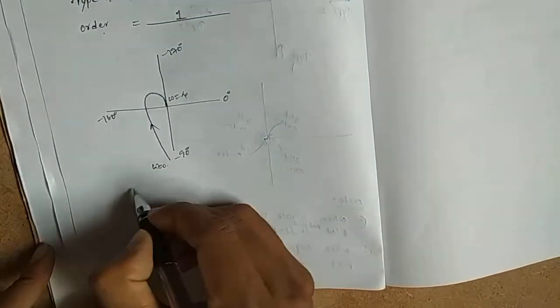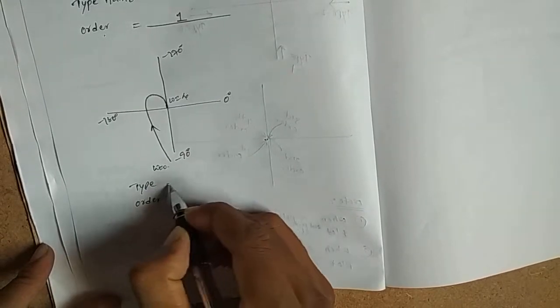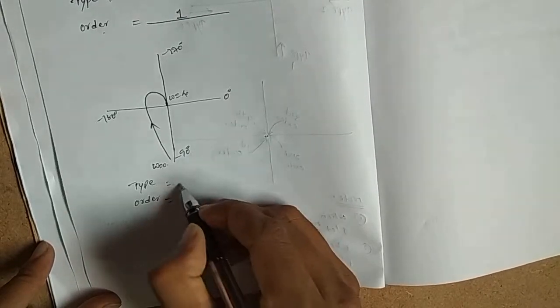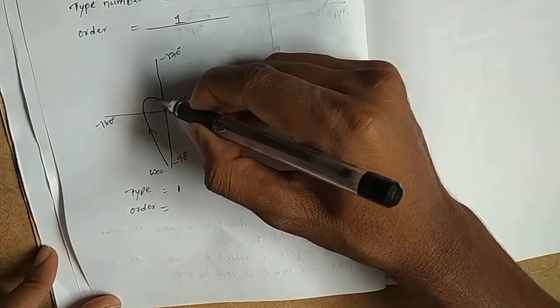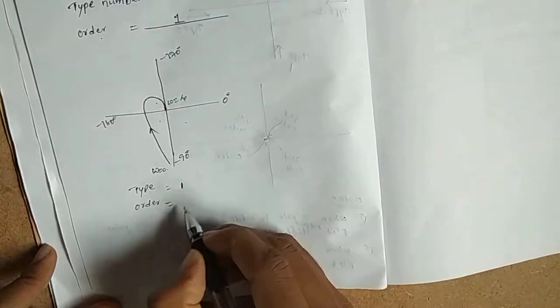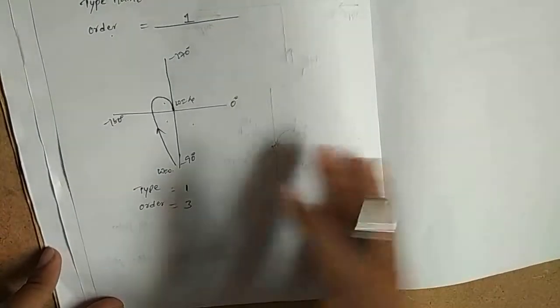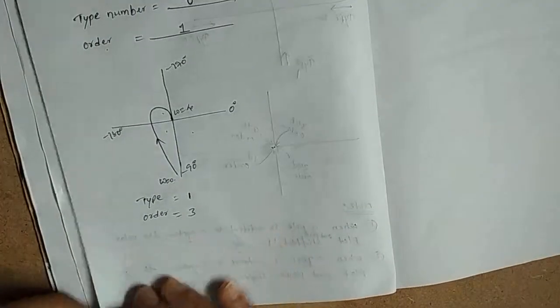For this polar plot, we have to find the type and order of the system. The polar plot starts from here, so type number is 1. Then the polar plot ends in the second quadrant: first order, second order, third order. So order number is third. Like this we can solve many problems based on these two figures only. Thank you friends.